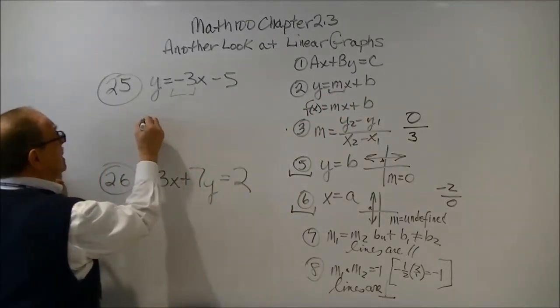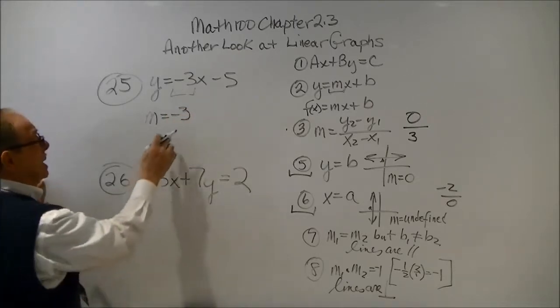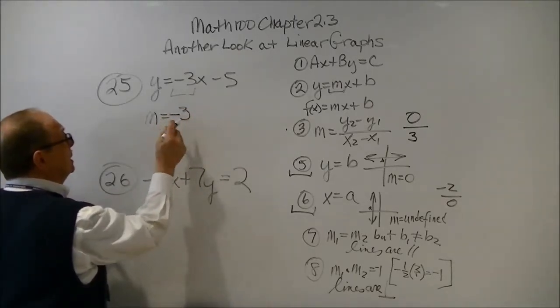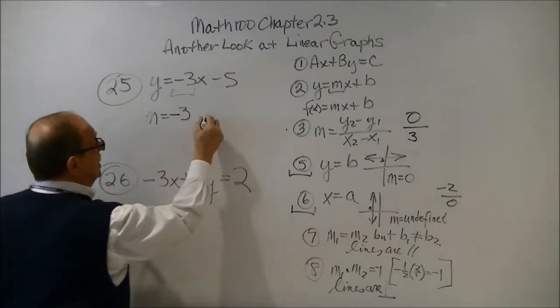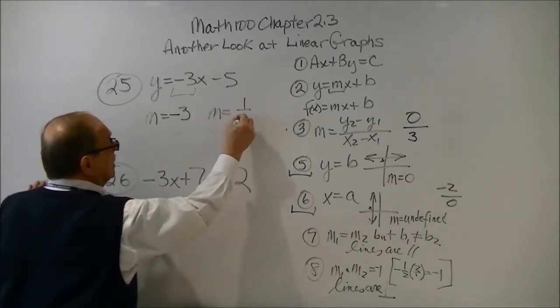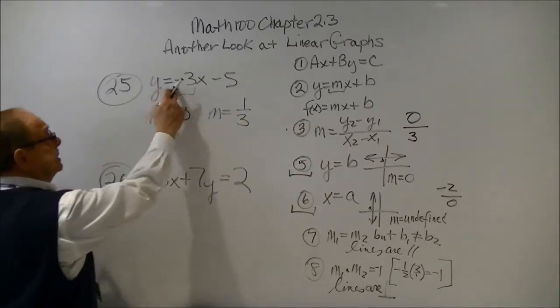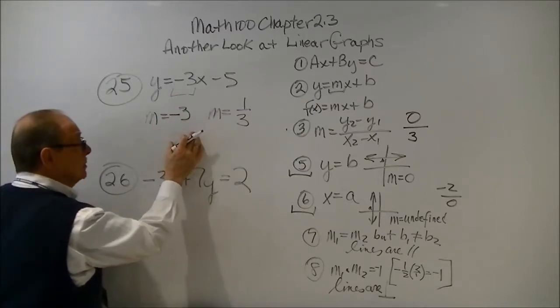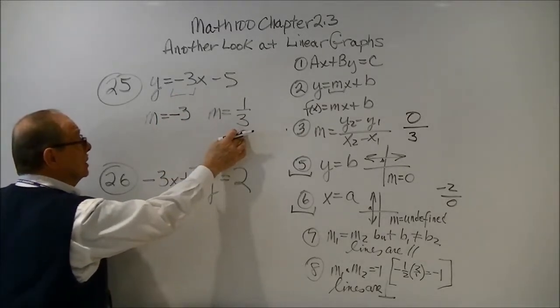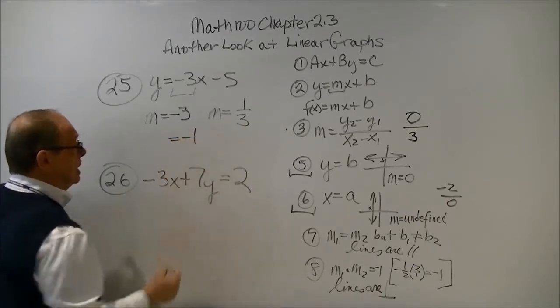So this is a -3. So the line that would be perpendicular to that would have a slope that is a positive 1/3. So this one is a -3. Its negative reciprocal is 1/3. If we multiply these two numbers together, that would equal a -1.